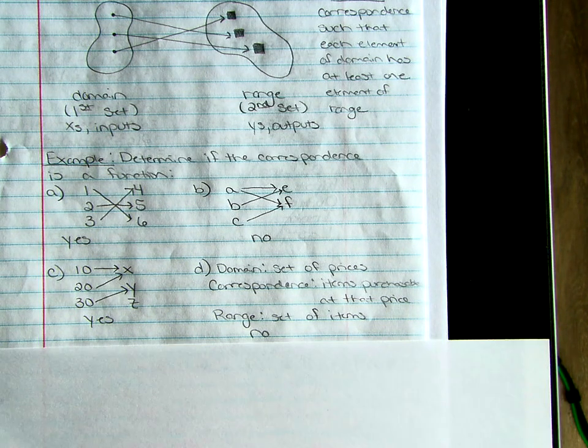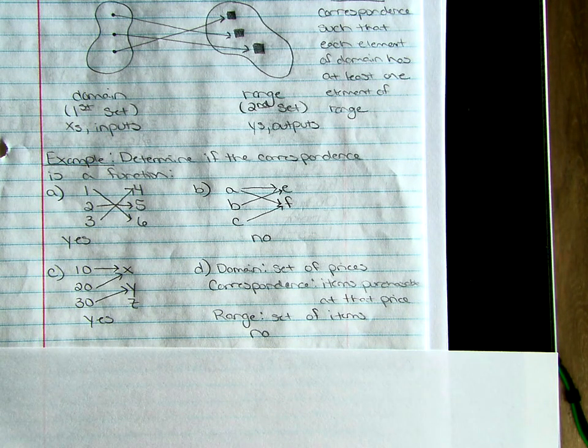So these are a little bit, I guess, unique, because in algebra we don't usually see just a bunch of arrows drawn and pointing to each other. Usually we're going to think about functions in terms of equations, or in terms of graphs, or in terms of sets of numbers.